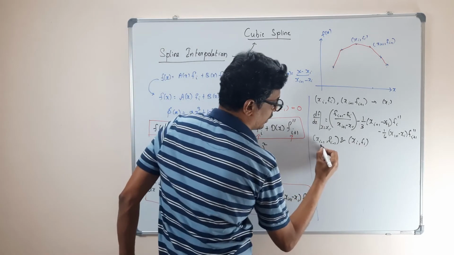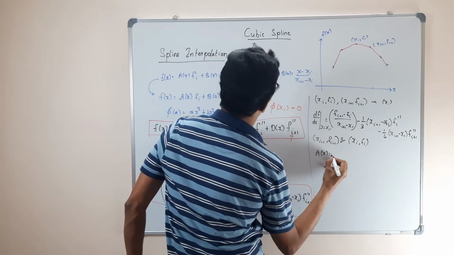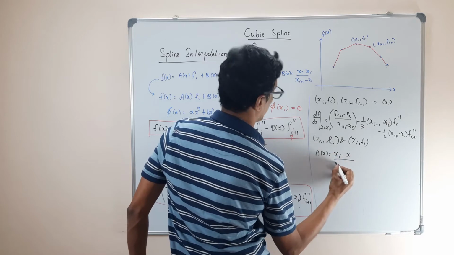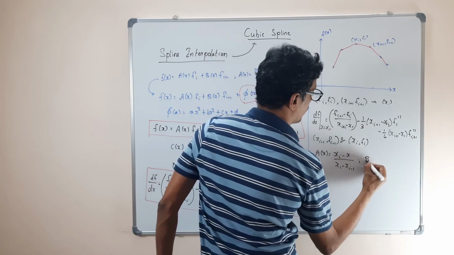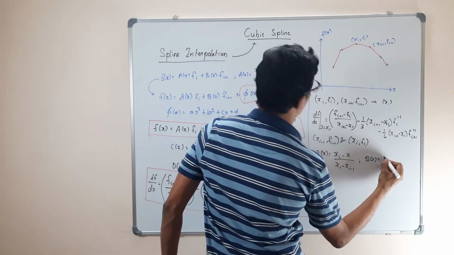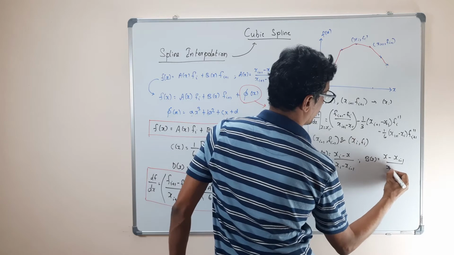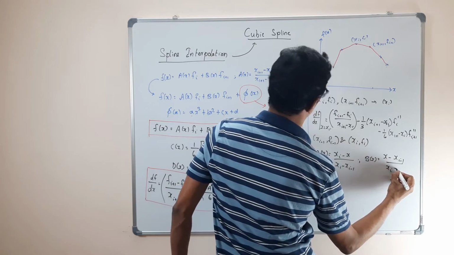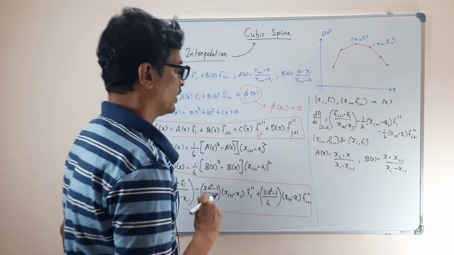So a of x will become (xi minus x) divided by (xi minus xi minus 1), and b of x will become (x minus xi minus 1) divided by (xi minus xi minus 1). Correct? Yes.